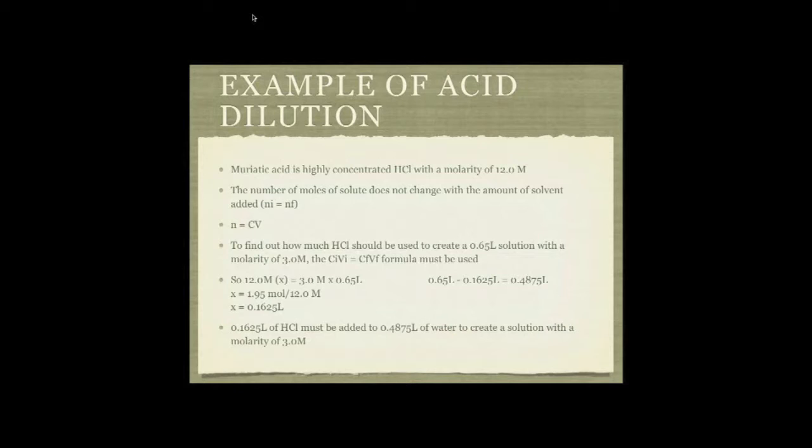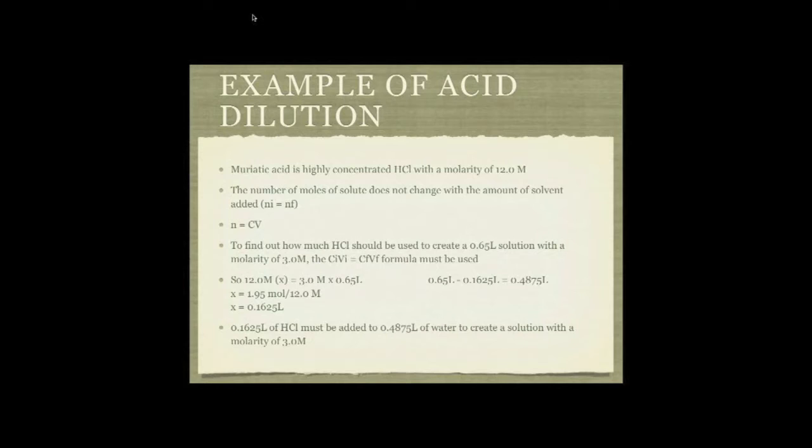The second point is that to find the amount of solute, the formula n equals concentration times volume must be used. So to say we wanted to find out how much hydrochloric acid should be used to create a 0.65 liter solution with a molarity of 3 moles per liter.